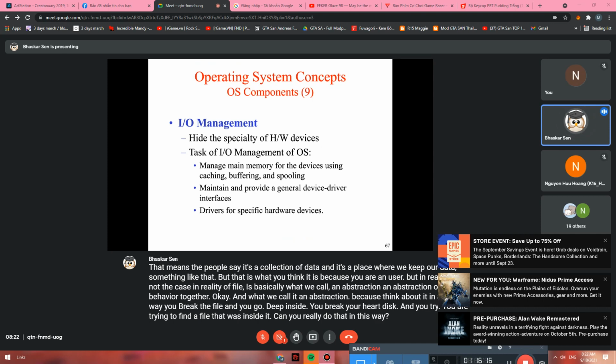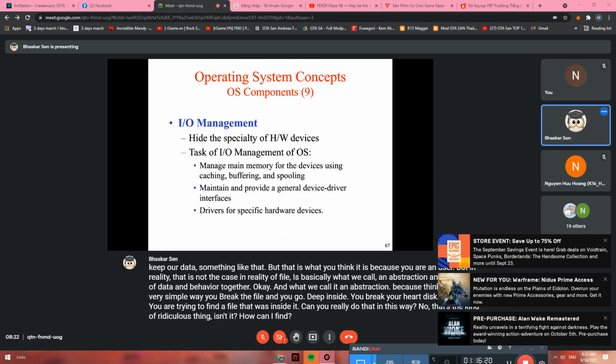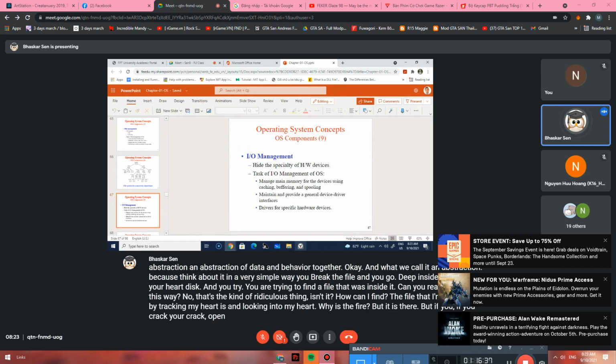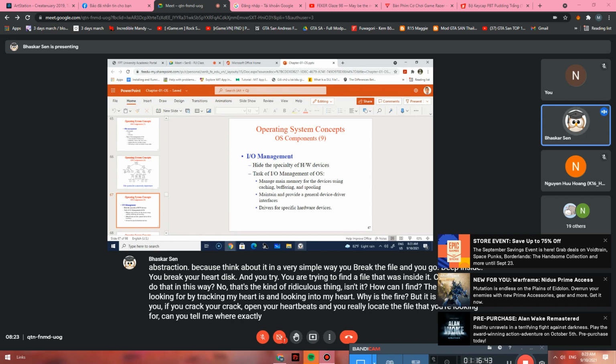No. That's a kind of ridiculous thing, isn't it? How can I find the file that I'm looking for by cracking my hard disk and looking into it? Where is the file? But it is there. But if you crack open your hard disk and you really locate the file that you're looking for, can you tell me where exactly, on which platter, is your desktop?